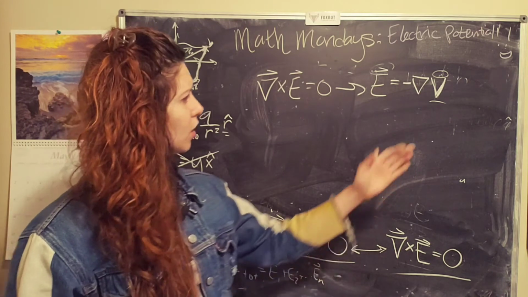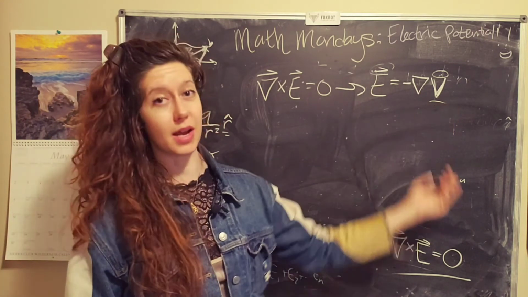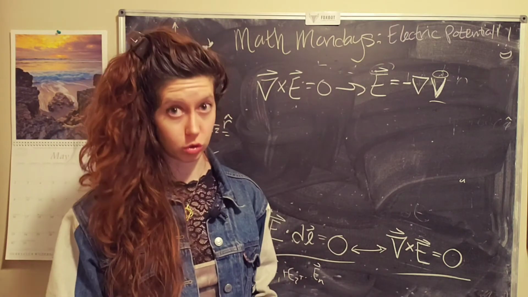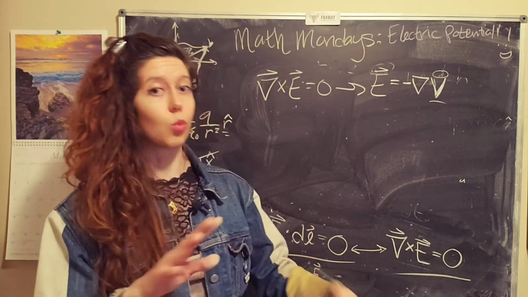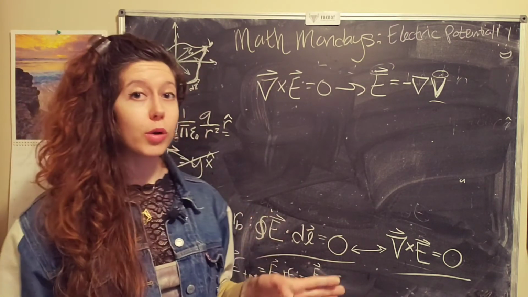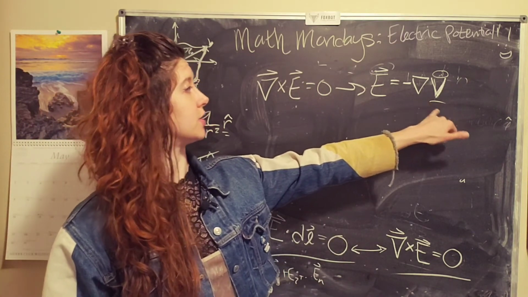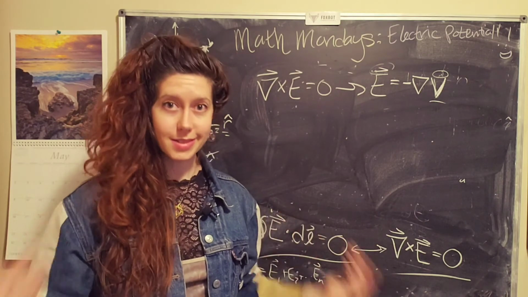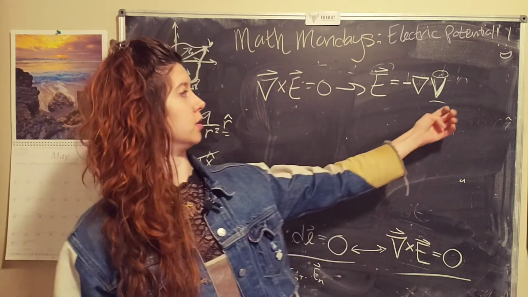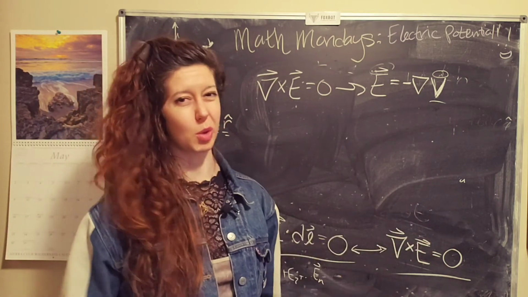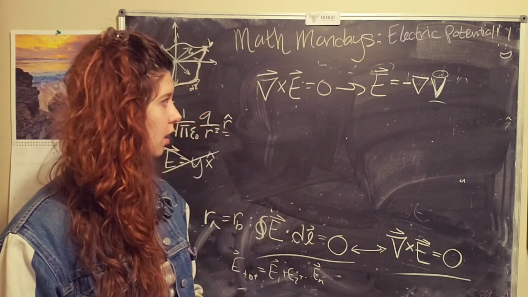If we can find the electric potential, then we don't need to worry about all of the different components of the electric field, and we can simply take the derivative of this scalar value to get the electric field. And oftentimes electric potential is enough.